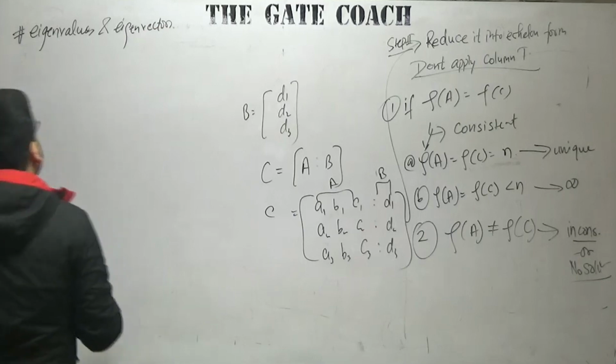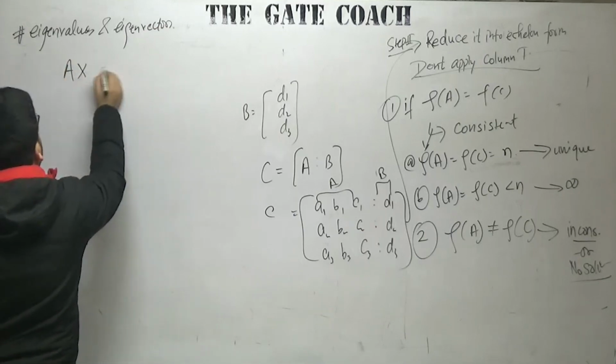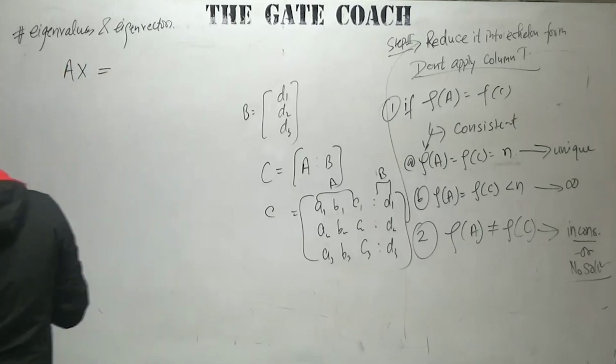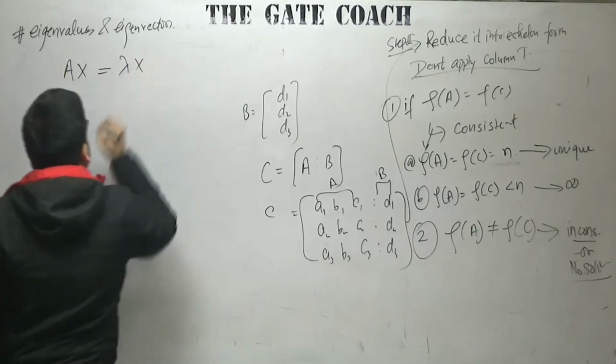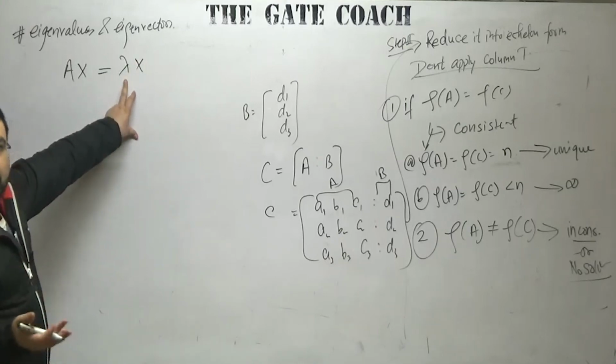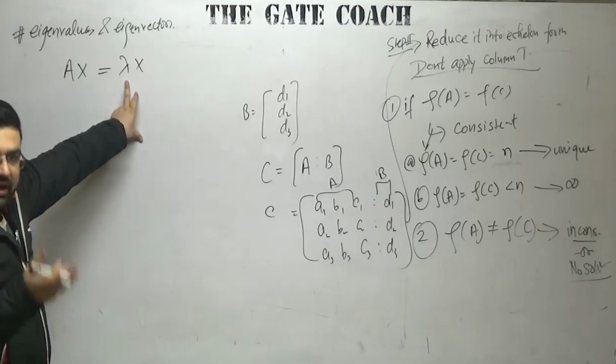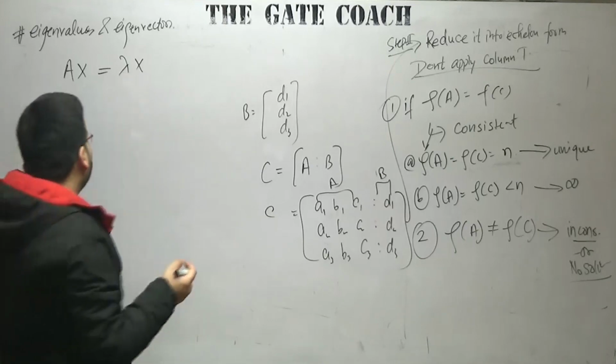Okay, so how to calculate the eigenvalues and eigenvector? Let us say that A is some matrix, AX is equal to lambda into X. You multiply X with some value lambda, where lambda is called the characteristic value.